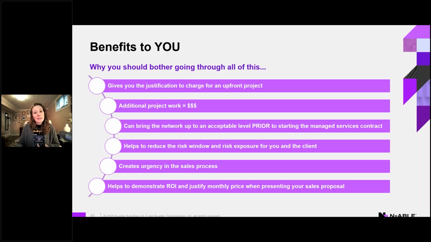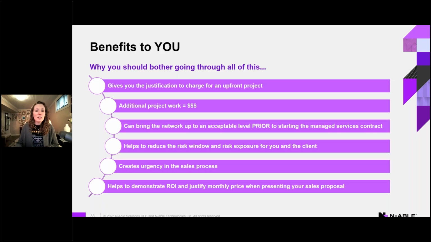So conducting an assessment and completing this upfront project, that's what's going to help create that appropriate, secure baseline moving forward. And if we can reduce that risk window by implementing this upfront project right at the beginning, that's going to help reduce the risk exposure, not only for your customer, but for yourself as well.